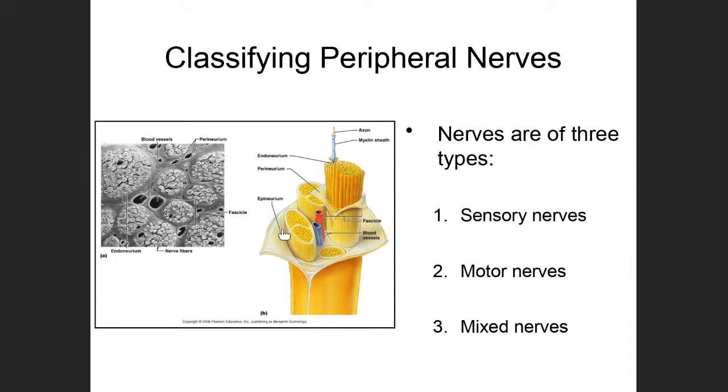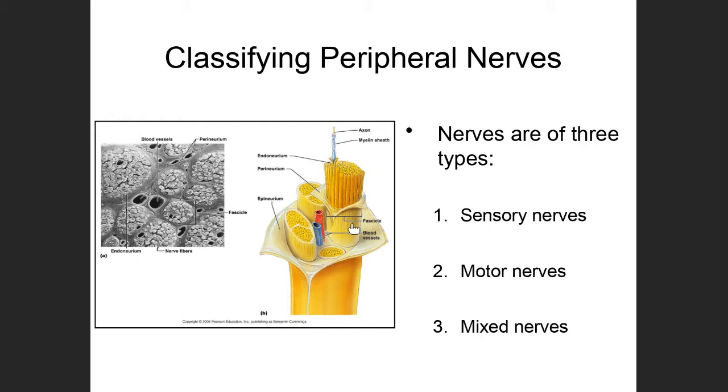We talked previously about fascicles and the fact that these are bundles of the axons from neurons. When you have a mixed nerve, what that means is that some of the fascicles are going to be sensory. Some of the fascicles contain neurons bundled together that are carrying electrical signals towards the brain and spinal cord.